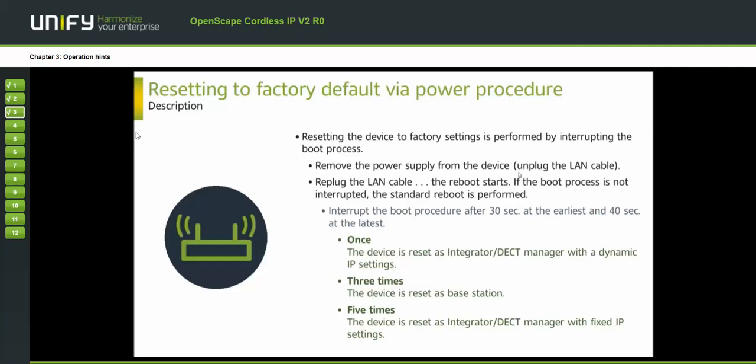And if that's a new role, then a factory reset is made and all configuration is lost. 3 times means the device is reset as base station, and 5 times means the device is reset as DECT integrator or DECT manager with fixed IP settings.